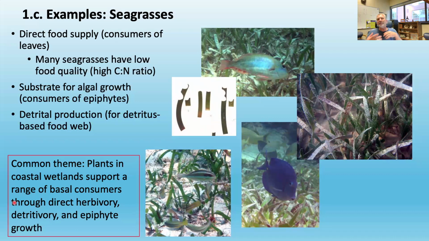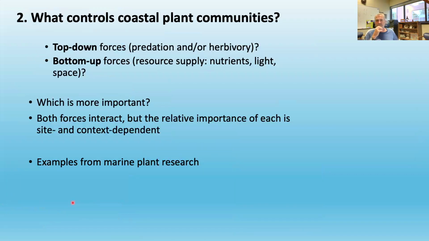So the common theme here is that plants in these coastal wetlands support a range of basal consumers. And this is through direct herbivory, through consumption of detritus, and through epiphyte growth, right? And that's true in all three of those subcommunities.